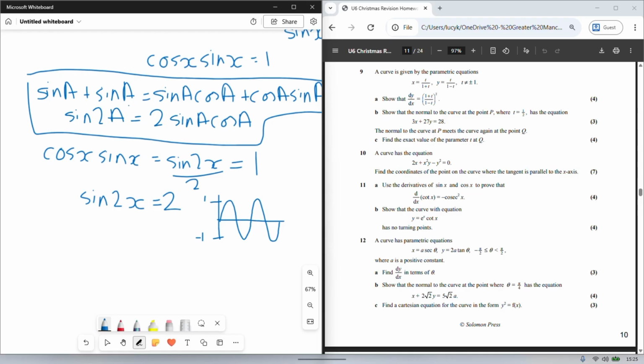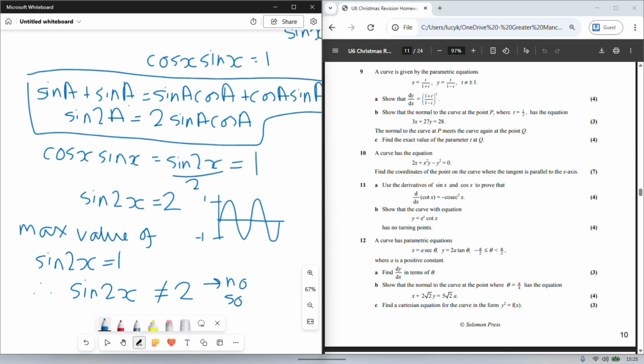So the maximum value of sine of 2x is 1. Therefore, sine 2x can't equal 2. It just doesn't happen. So there's no solution there.